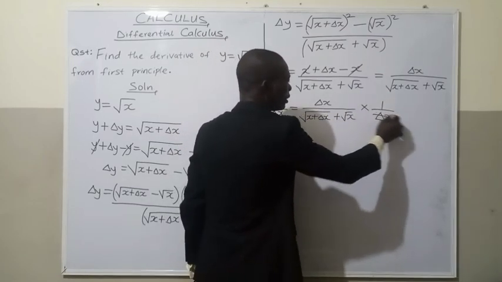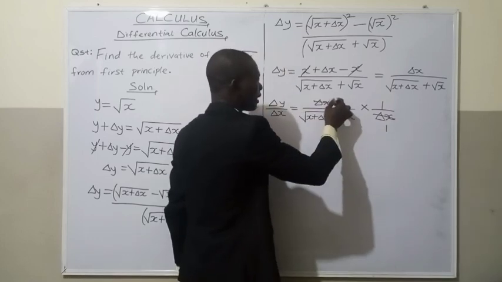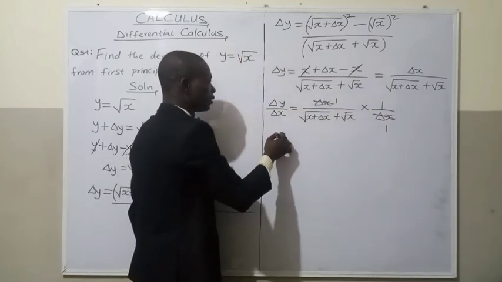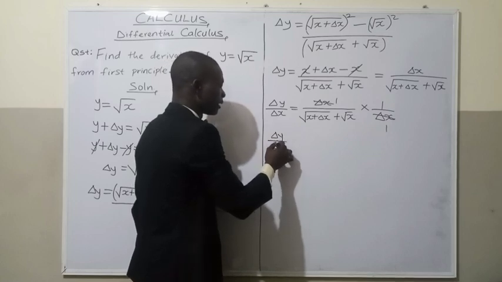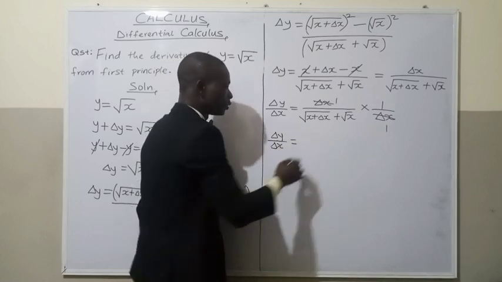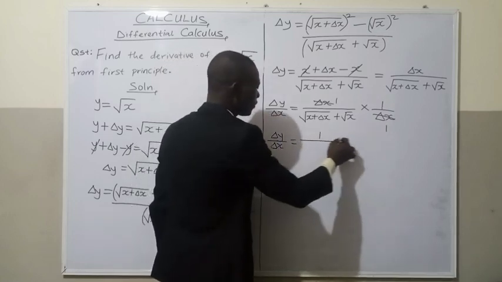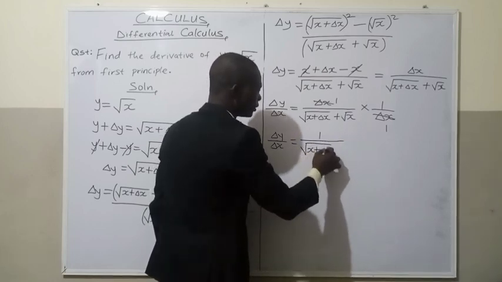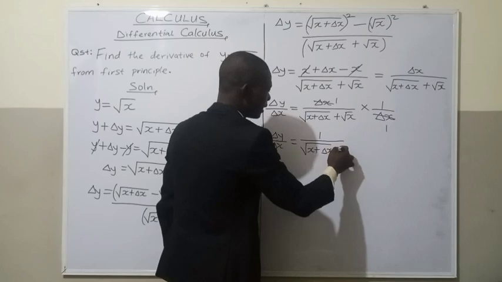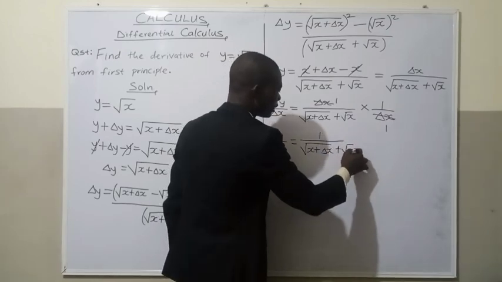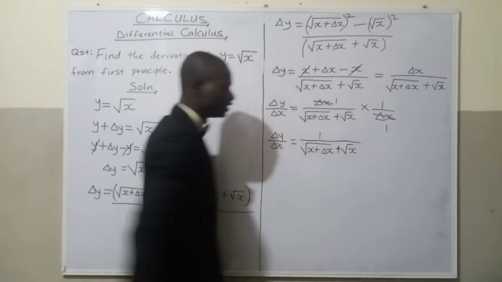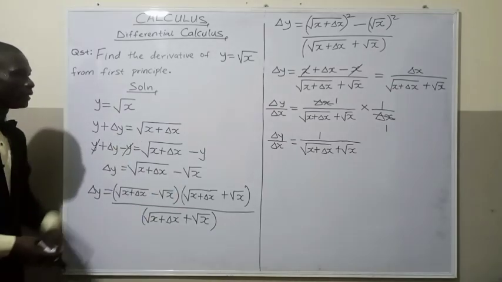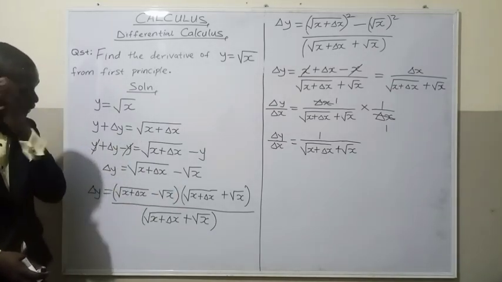And of course, delta x here over delta x here is what? 1. So what are we having left? Delta y over delta x becomes equal to 1 over root of (x plus delta x) and then plus root x for the denominator. So we have also simplified delta y over delta x.